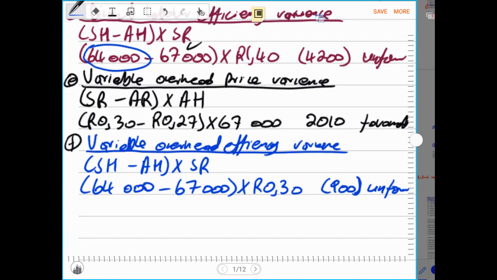Then after now, we go to the fixed overhead, which is G, fixed overhead variance. Under our fixed overhead, we start with the fixed overhead expenditure variance.